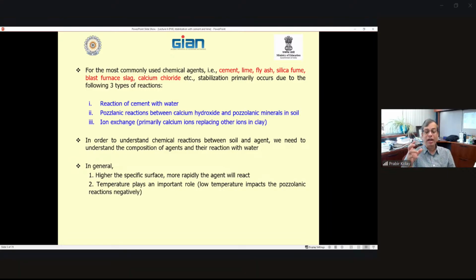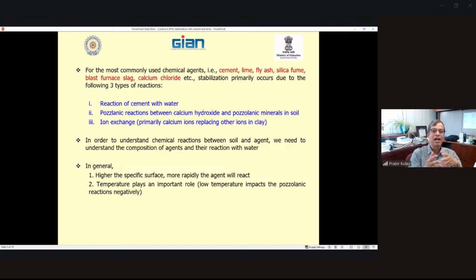Again, you need to understand what type of clay mineral is present, what type of clay you want to stabilize. Clay is less than 0.002 millimeter particle size, and silt is 0.075 to 0.002 millimeter, or 75 to 2 microns.